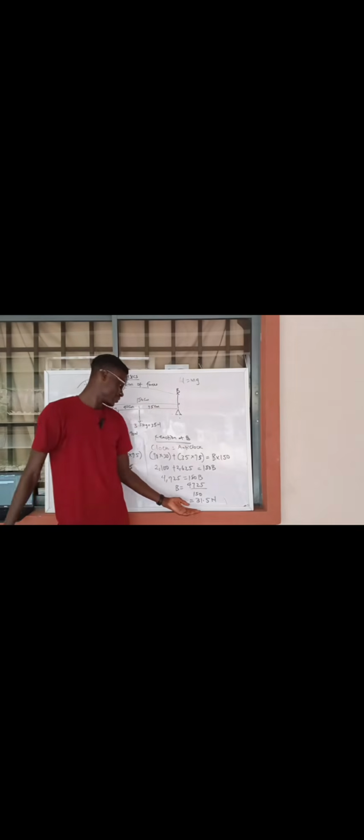So let's solve our question. So this is our reaction at B. Our reaction at B is 31.5 Newton, right? So there's a way to verify this. Remember when we started moment at first, I gave two rules.